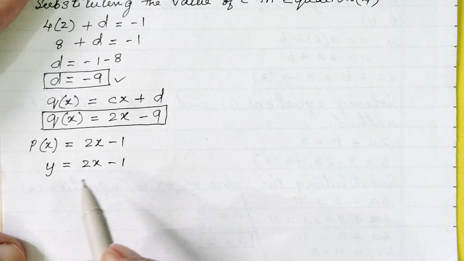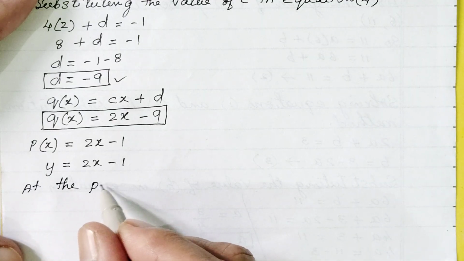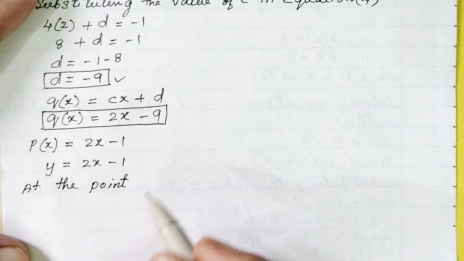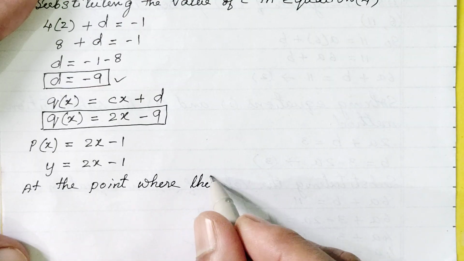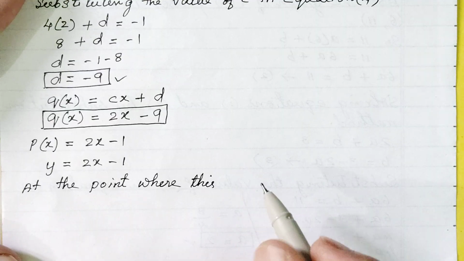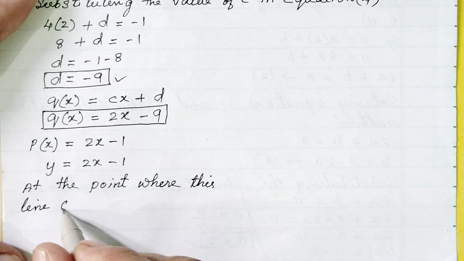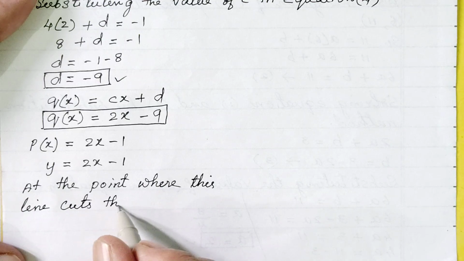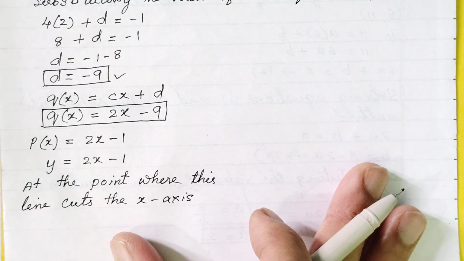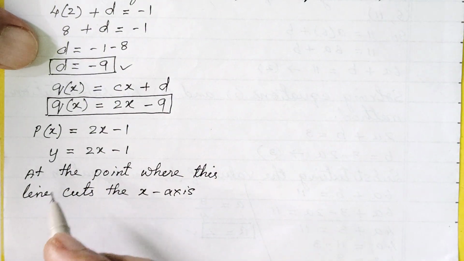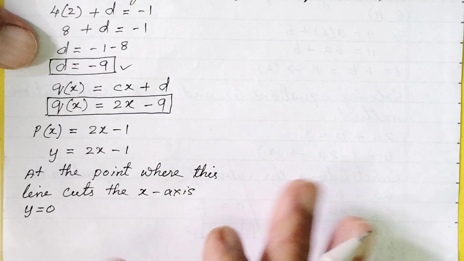Now, at the point where this line cuts the x-axis, y will be equal to 0.